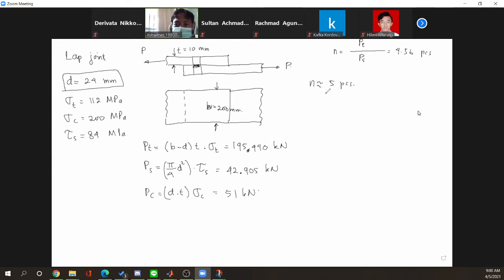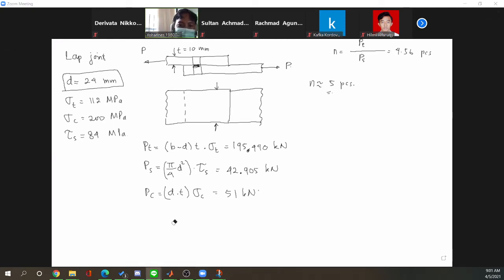Okay, so we have 5 pieces here. So how to arrange these 5 pieces of rivet? Okay, because we have only a single lap joint here, that means only one overlap here.